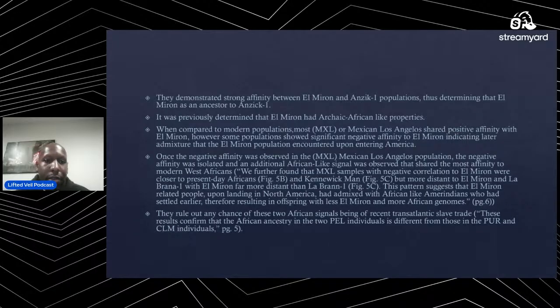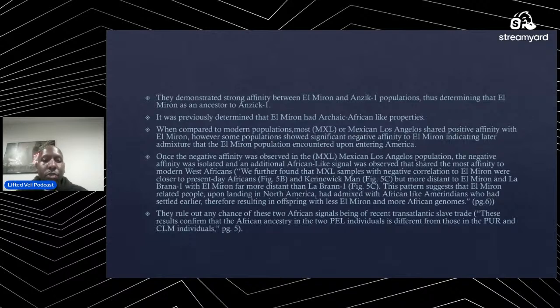When compared to modern populations, most Mexican Los Angeles populations share a positive affinity with El Moran, at least in the African components, right? However, some populations showed significant negative affinity to El Moran, indicating later admixture that the El Moran population encountered upon entering America. Once that negative affinity was observed in the Mexican Los Angeles population, negative affinity was isolated and an additional African-like signal was observed that shared the most affinity to modern West Africa.